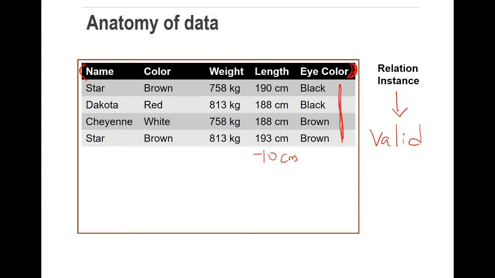There are two things about validity that we will explore later. One is, how do you enforce validity? So given that I can specify a kind of constraint, how will the database actually enforce this constraint? And the second one is, how do you find the constraint?